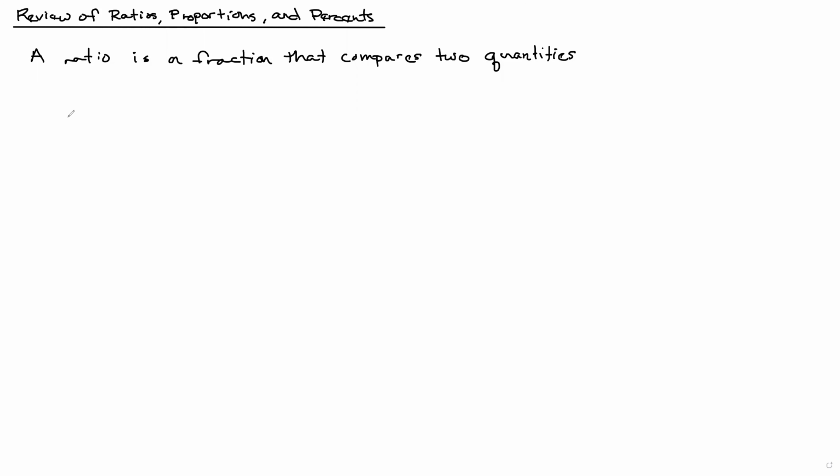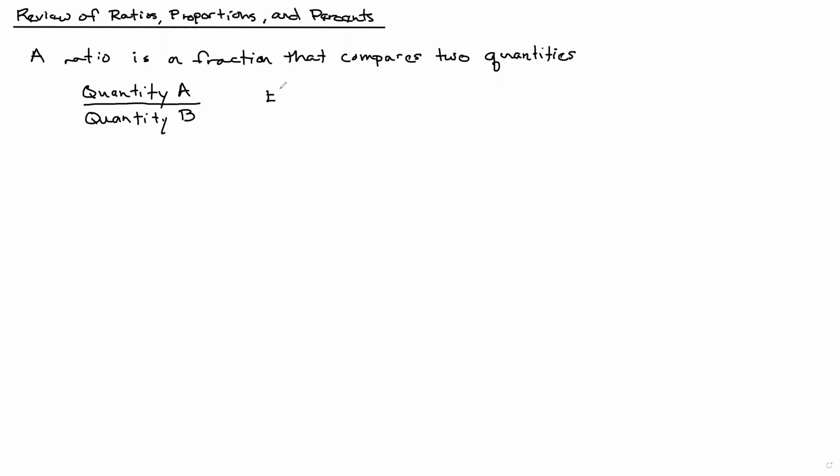For example, we'll have quantity A over quantity B. That's what a ratio is.